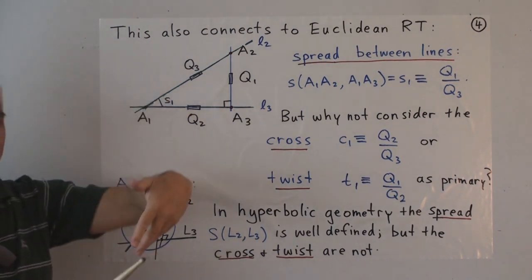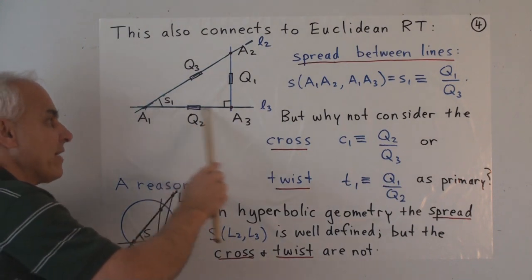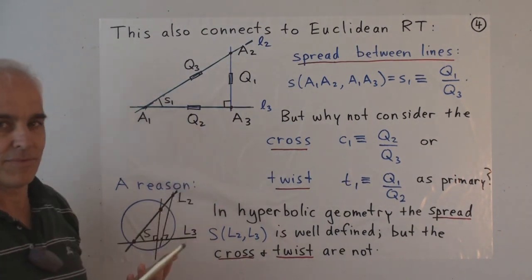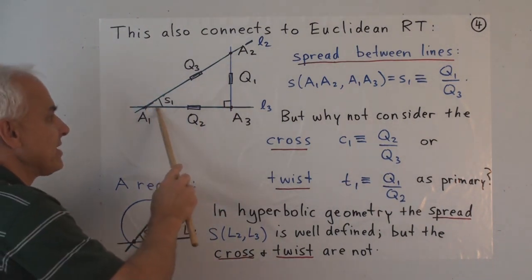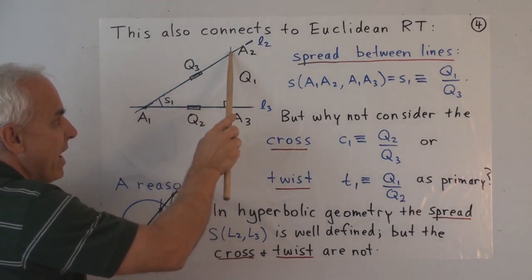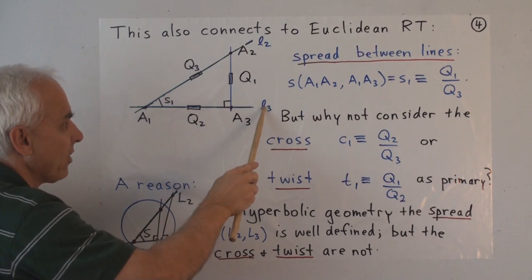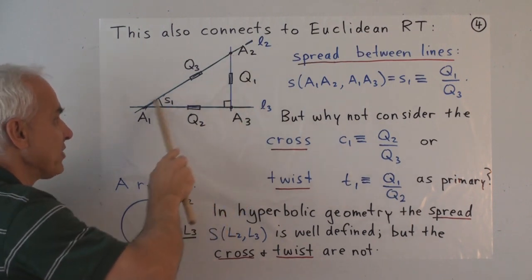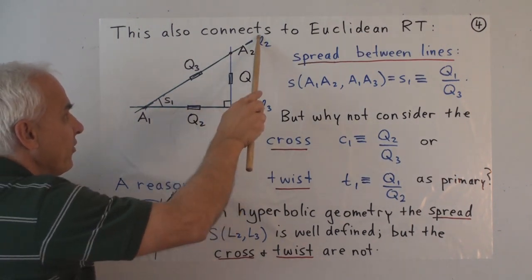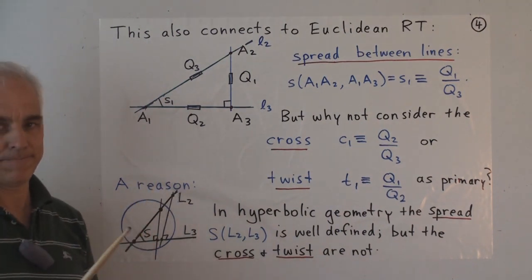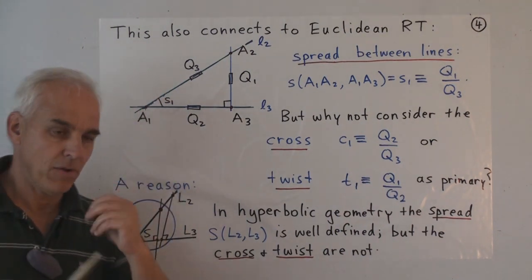And in Euclidean geometry, the fact that similar triangles exist makes that definition well defined. It doesn't matter which point we drop here. If we chose a bigger triangle, then this ratio of opposite to hypotenuse would be the same. That makes the spread well defined.